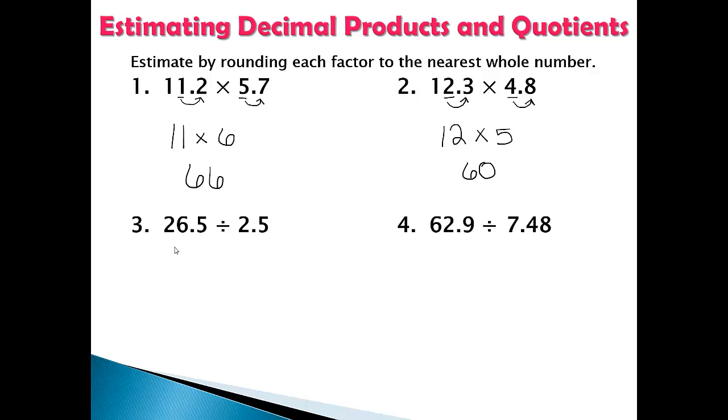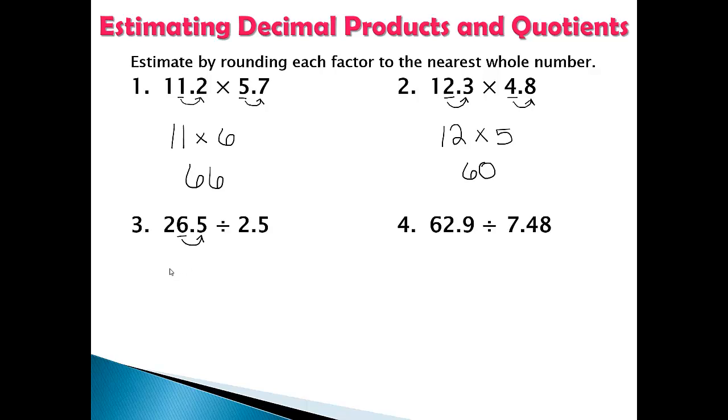Now for number 3, we have 26 5/10 divided by 2 5/10. We're going to round the digit in the ones place, which is the 6. The digit in the tenths place, which is the 5, tells us that we're going to round up. Since our rule is 5 or greater, you round up.